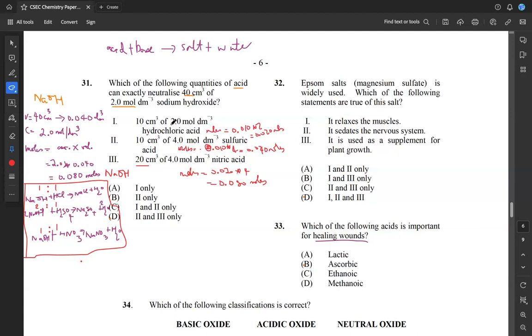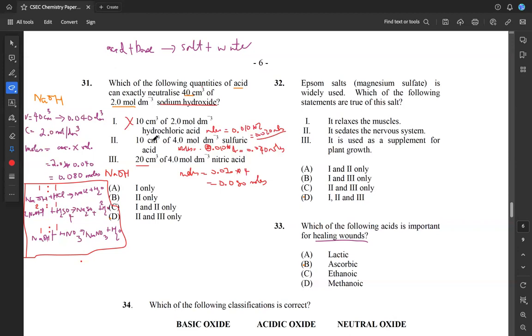When we calculate that by multiplying the concentration times the volume, we find that this is 0.020 moles of HCl, and that's not enough, guys, right? Remember, it's 1-to-1. So if this is 0.080 moles of NaOH, we need that exact same amount present in HCl. Because that's not what we got, this won't work. That won't exactly neutralize our sodium hydroxide.